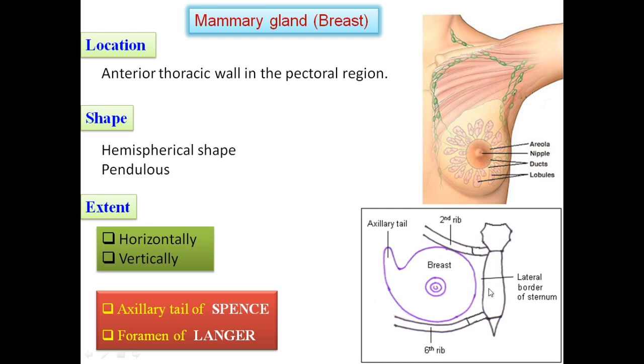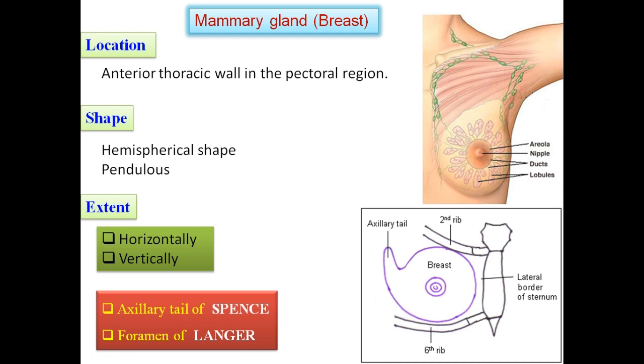The extent of the gland is horizontally from the lateral border of the sternum to the mid-axillary line, and vertically from the second rib to the sixth rib. The upper lateral quadrant of the breast has a small tail into the axilla at the level of the third intercostal space, called the axillary tail of Spence.